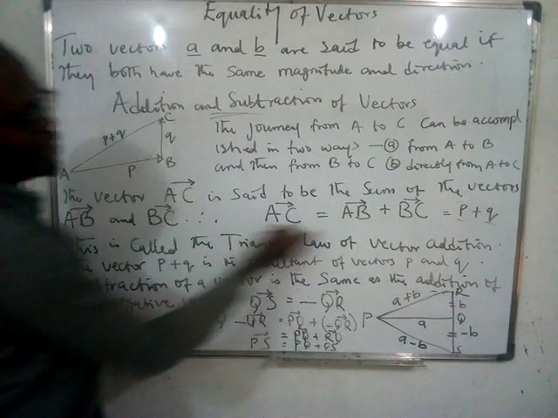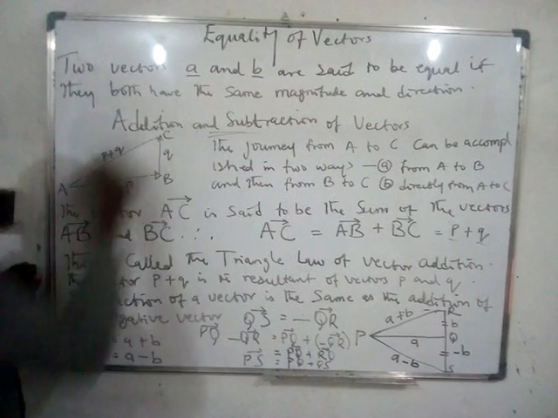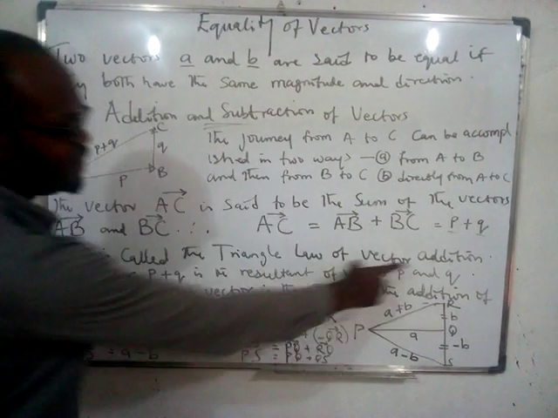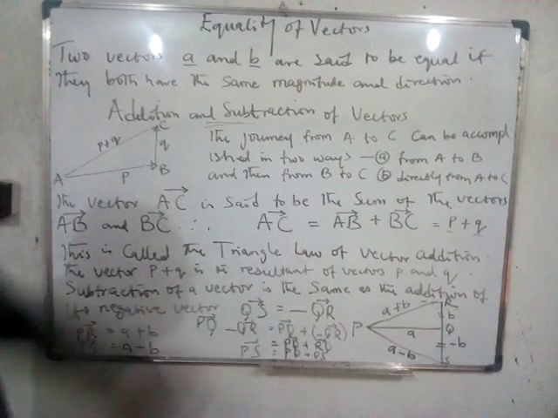Now, this very law that states that AC is the same thing as AB plus BC is known as the triangle law of vector addition.